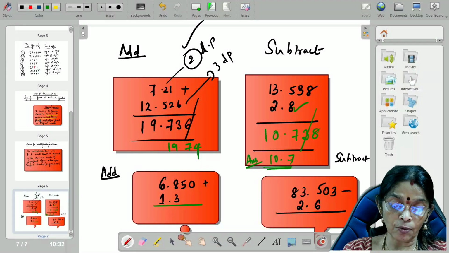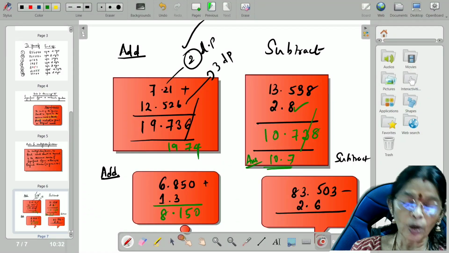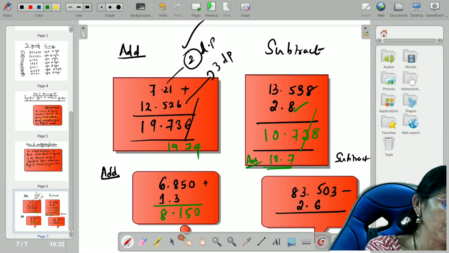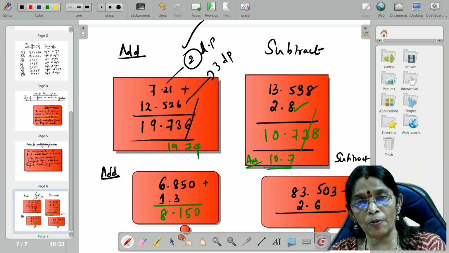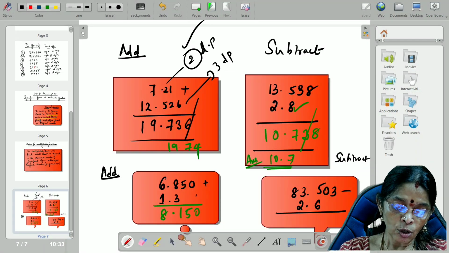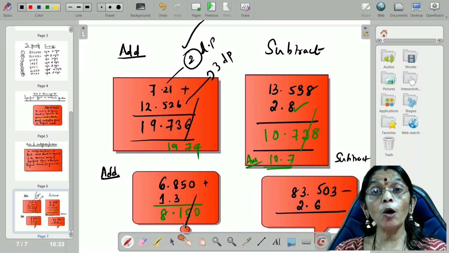Now the addition of these two: 6.850 plus 1.3 gives 8.150. Which digit is to be dropped? The answer is correct to the minimum number of decimal places, only 1, so the digit to be dropped is 5, followed by a 0, not a non-zero digit.